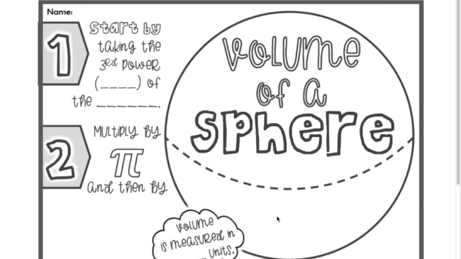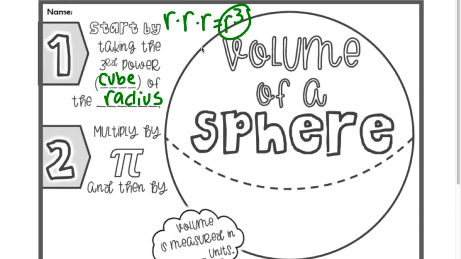And finally, we have the volume of a sphere. You start by taking the 3rd power. So that's called cubing something. You need to take the cube. And again, you're taking the cube of the radius. That means you are taking your radius times your radius times your radius.